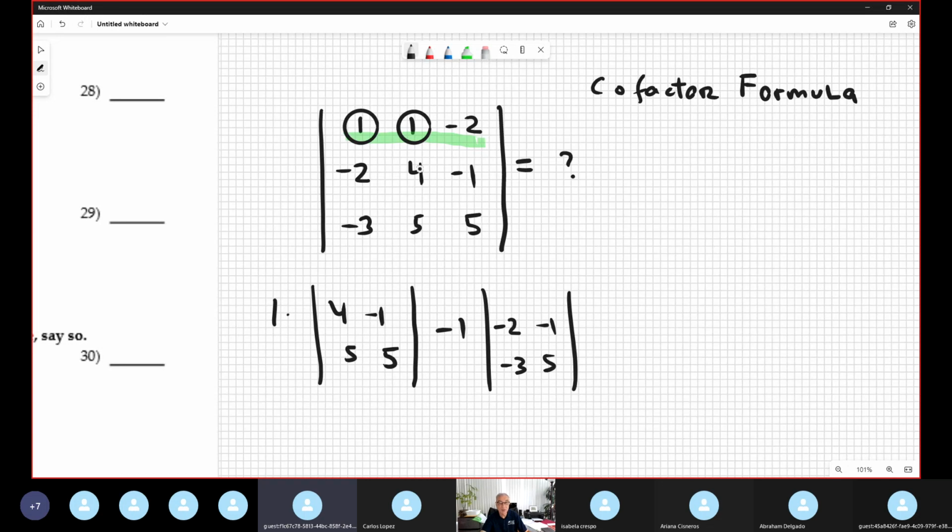Where does that number come from? When you delete mentally this row and this column, that number stays, right? And finally, positive, but actually the number is -2. So -2 times the cofactor, the determinant formed, in this case -2, 4, -3, and 5. Do you see that?